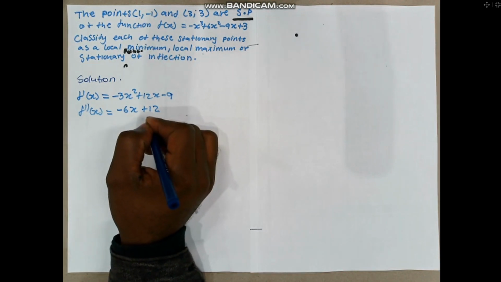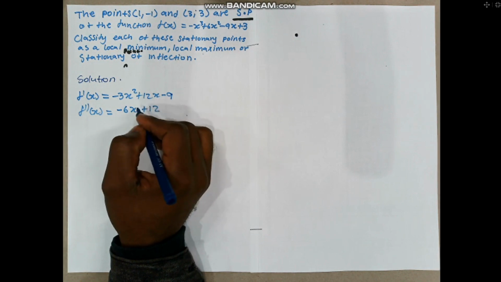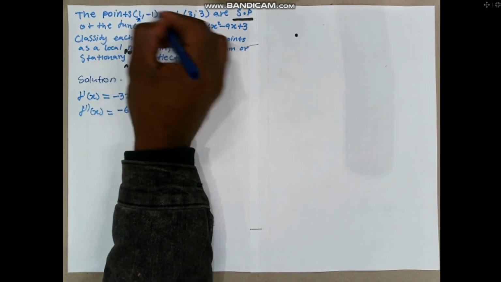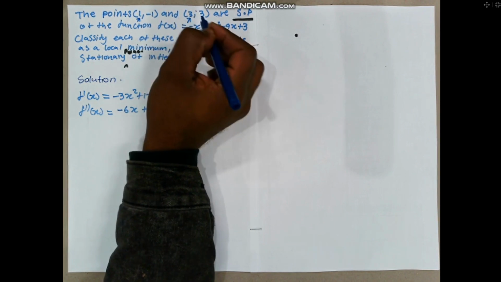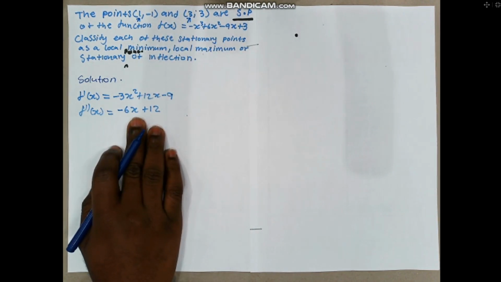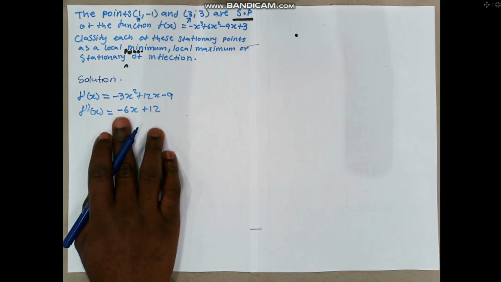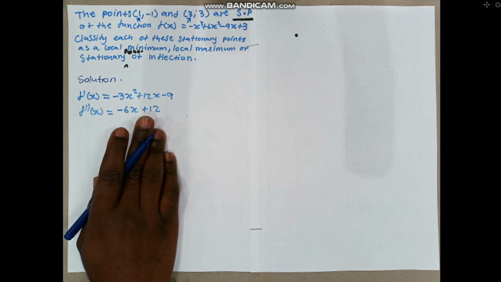From this, we need to substitute our x value in our second derivative, because that's where we see whether the second derivative at a specific x is greater than 0 or less than 0.